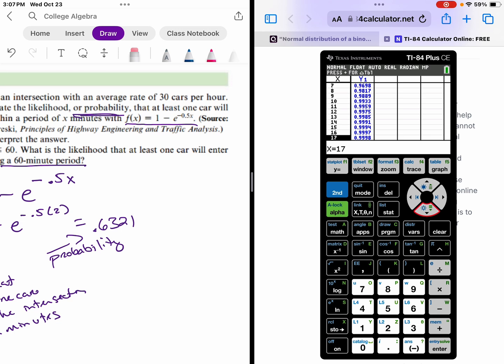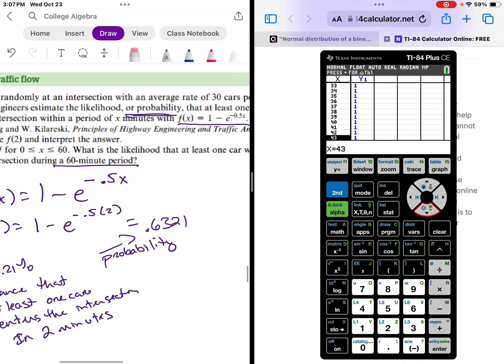Within 17 minutes, almost 100%. There's 0.999. And as we keep going, now notice it goes to 1, because we'd only have it rounding out to so many decimal places in that column. But by the time we get to 60 minutes, it's going to happen. All right. So what is the likelihood?